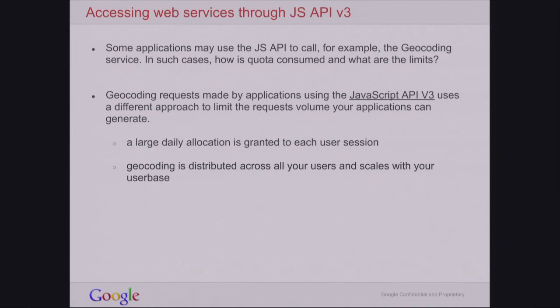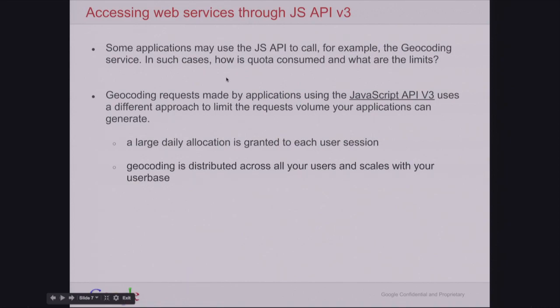Sometimes, instead of using the HTTP interfaces for the web services, you may want to use the classes within the JavaScript API to access the backend web service. For example, instead of using the geocoding web service API, you could use the google.maps.geocoder class available within the JavaScript API to do forward or reverse geocoding.